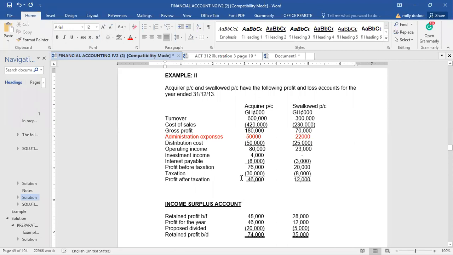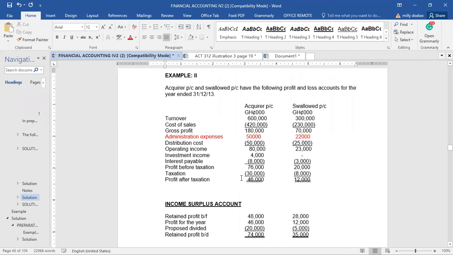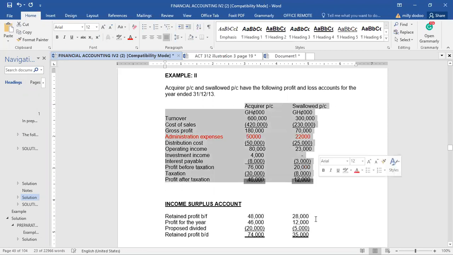Good. So when you study this particular illustration, there are two things. They have given you the financial statements, the income statement, and then they have given you the income surplus account.